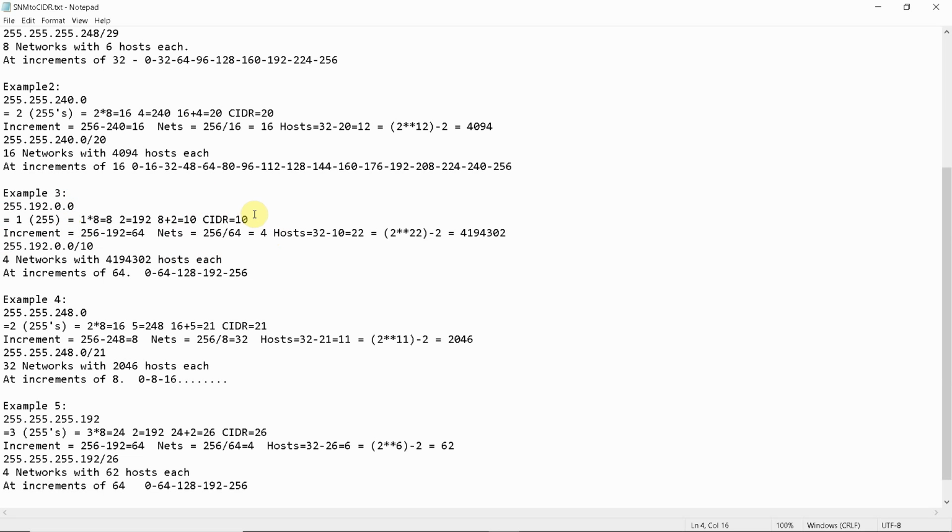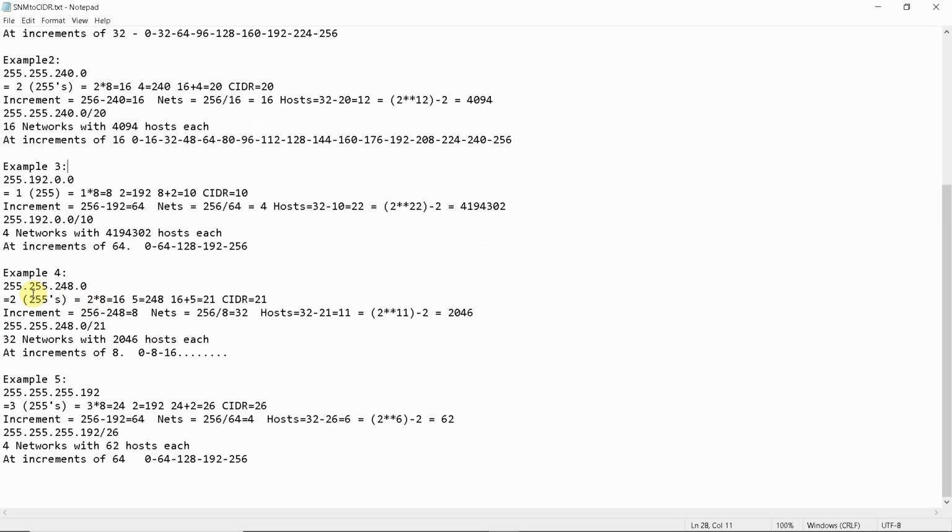I'm just showing you this so you know on the test, if they ask you what the CIDR of this is, you need to be able to tell them. Also, once you get the CIDR, it helps you find the host really quickly: you just take 32 minus 10, which leaves 22, 2 to the 22 minus 2, and that's a lot of hosts. On this one, we only have 4 networks with that many each, at increments of 64.